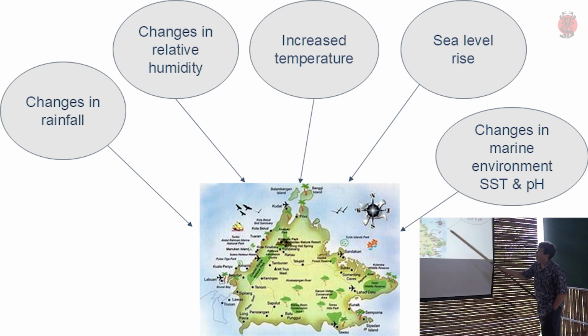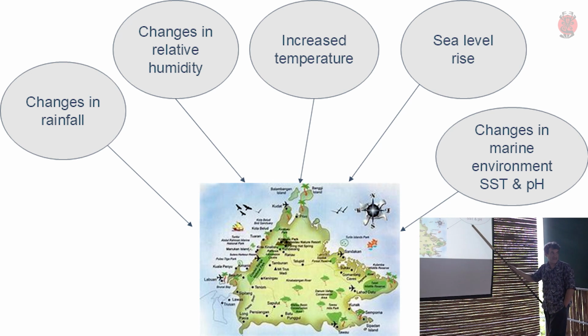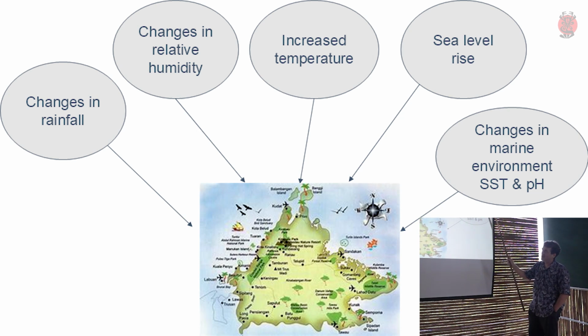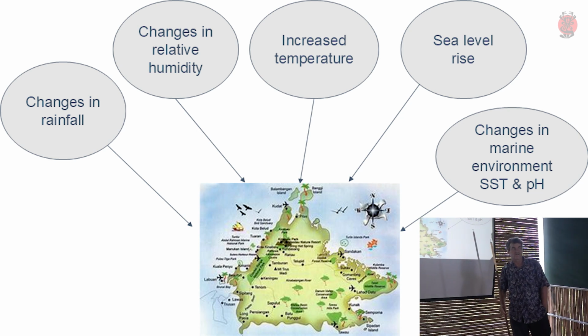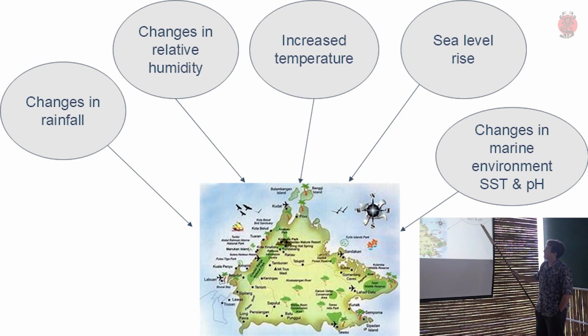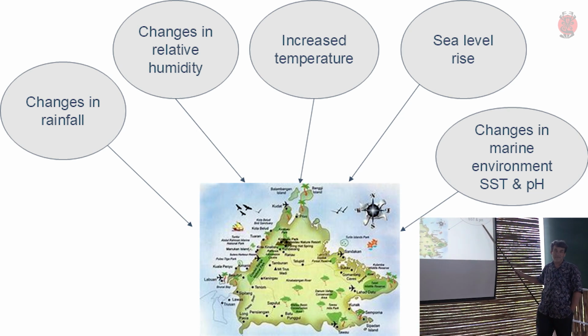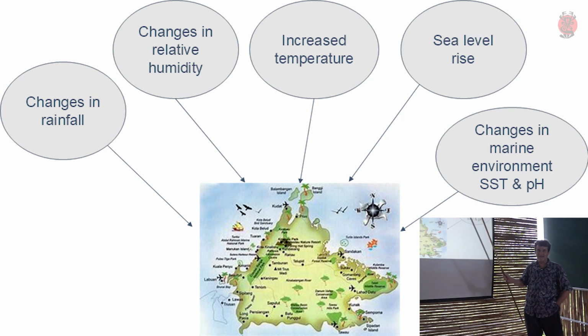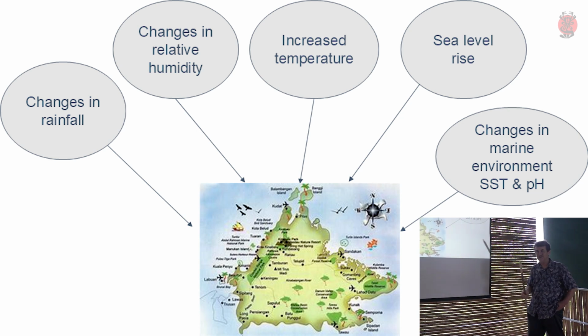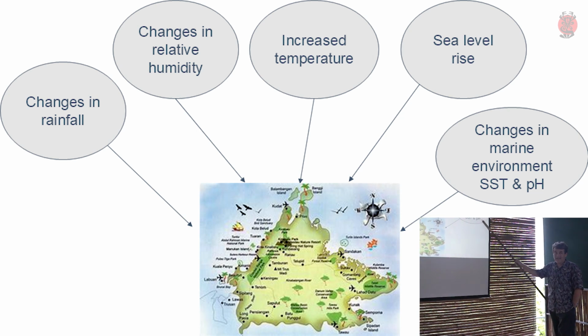And the temperature's going to change factors in the oceans. You're going to have increased sea surface temperatures. You're going to have reduced dissolved oxygen. On top of that, this carbon dioxide that we're releasing, the more carbon dioxide leads to an increase in the acidification of the ocean.